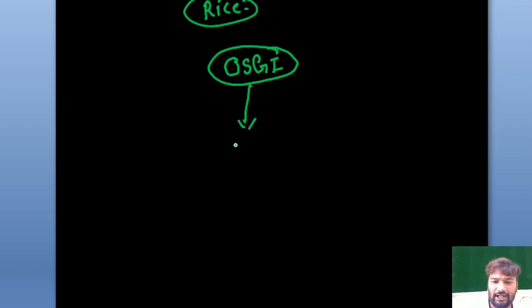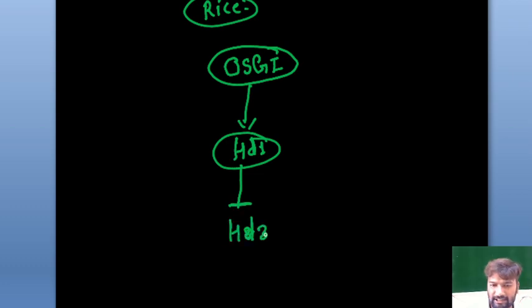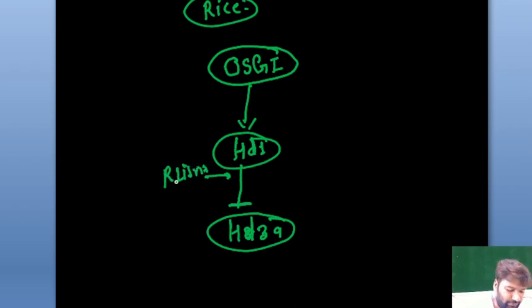It activates the HD1 gene, and this HD1 inhibits the Hd3a genes. However, in the presence of red light, phytochrome B and Hd6, it activates these genes.